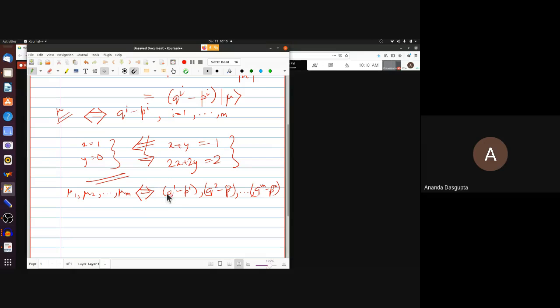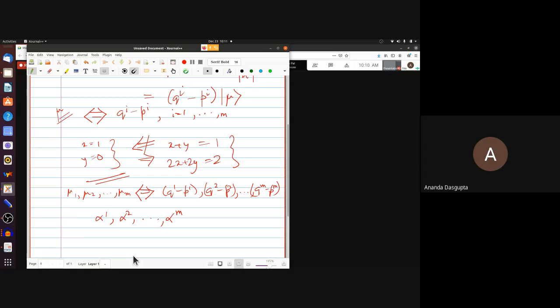Here I am claiming that if you took each one of the simple roots, remember there are m simple roots in your rank m Lie algebra. If you have m Cartan generators, you will have corresponding m simple roots.